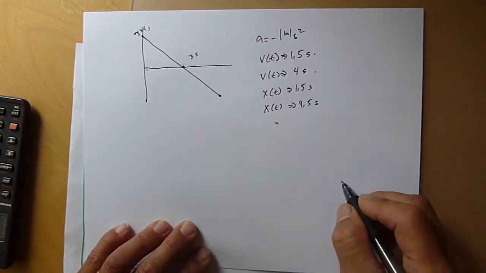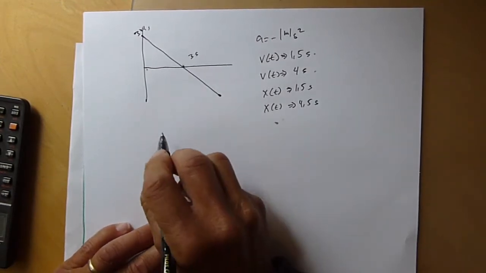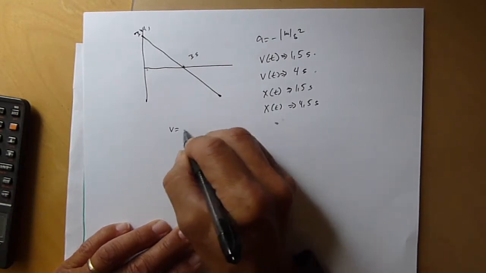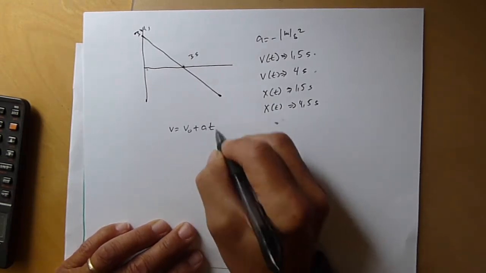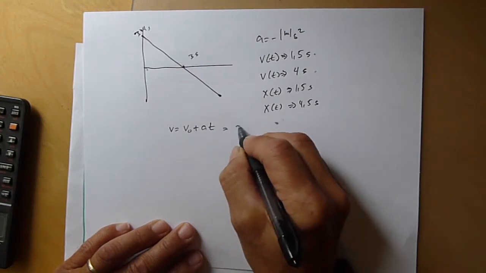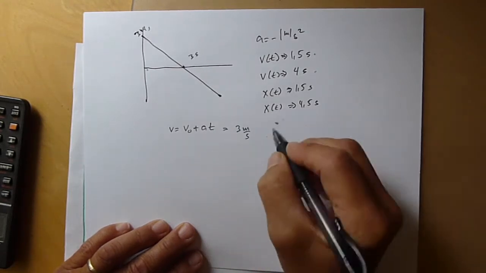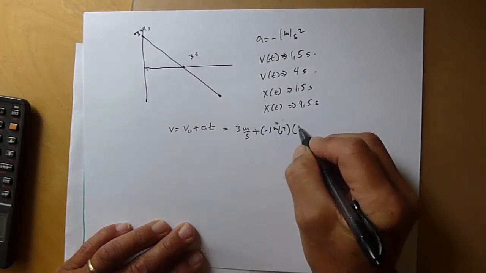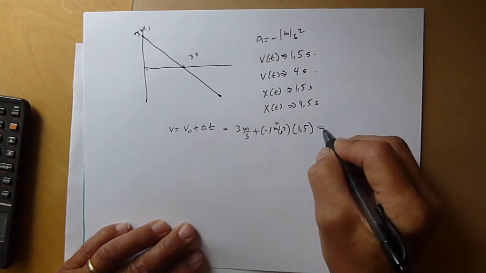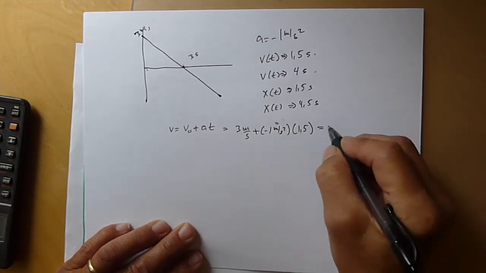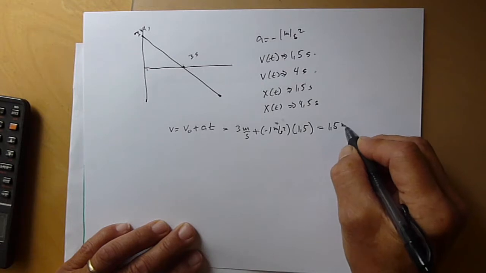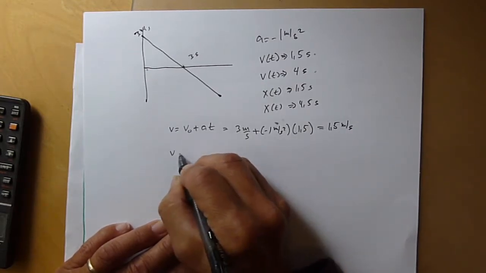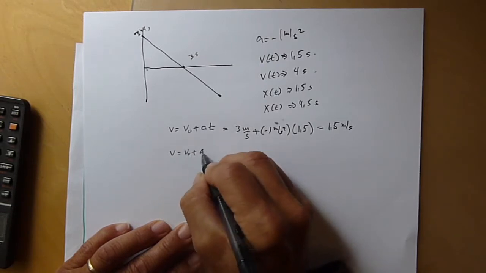at 4 seconds? So probably the easiest way to do the velocity is just to say that velocity is v0 plus at. So that would be 3 meters per second plus, open brackets, minus 1 meter per second squared times 1.5. 3 minus 1.5 is 1.5 meters per second. v0 plus at.